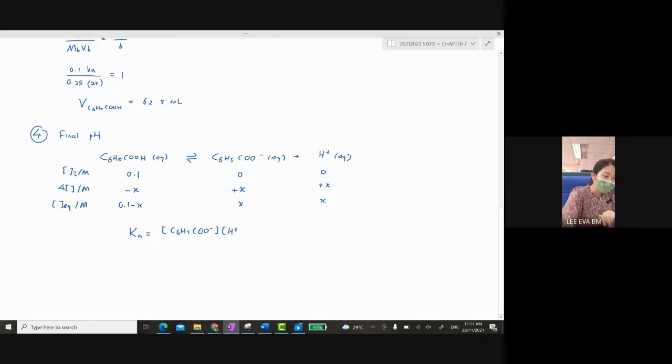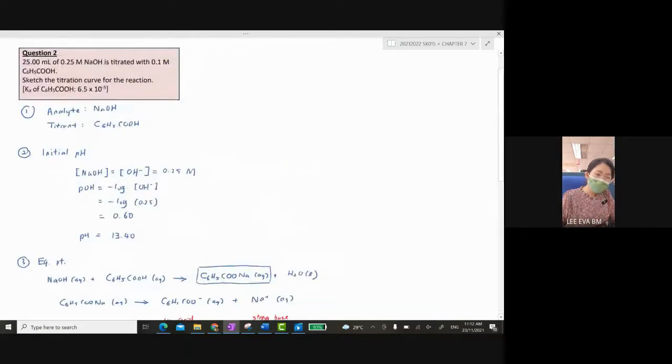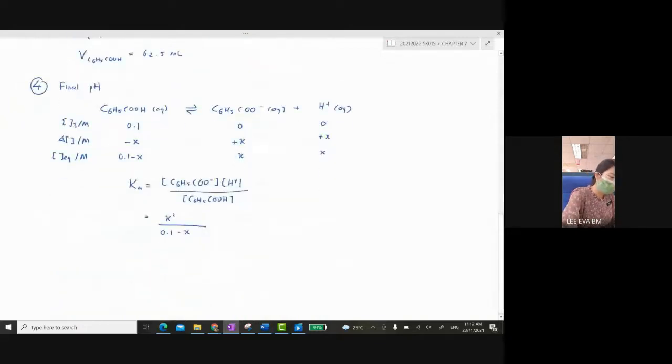So we have the products on the top, the weak acid on the bottom. And then we just substitute the values in here. x multiplied by x gives you x squared, and then 0.1 minus x, the weak acid. The value of Ka in the question, we got 6.5 times 10 to the power of negative 5. So substitute the value in your Ka.